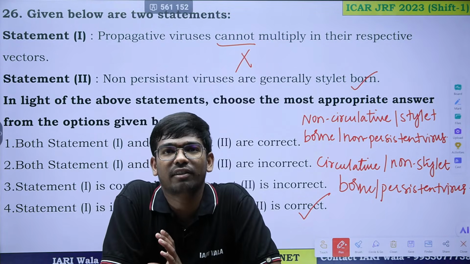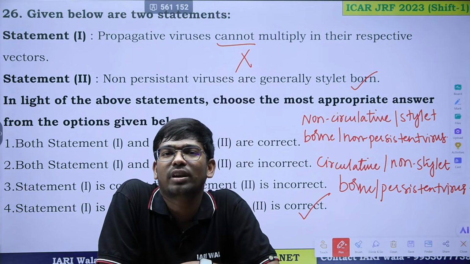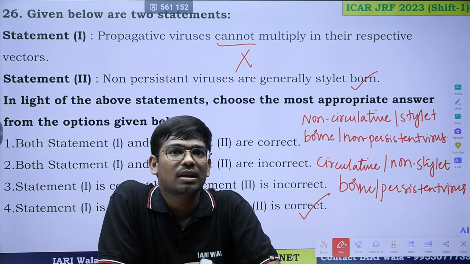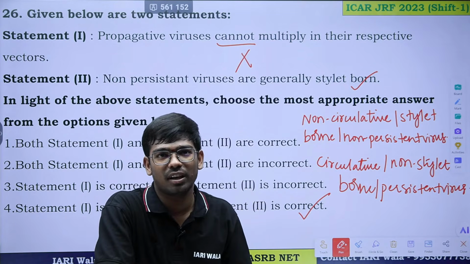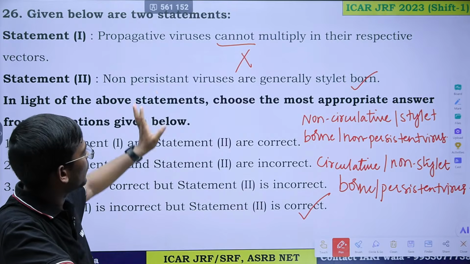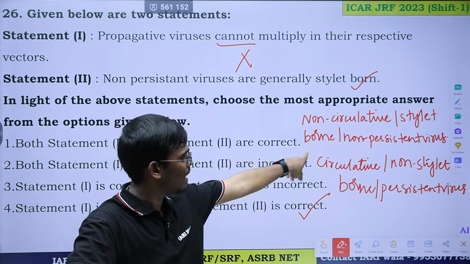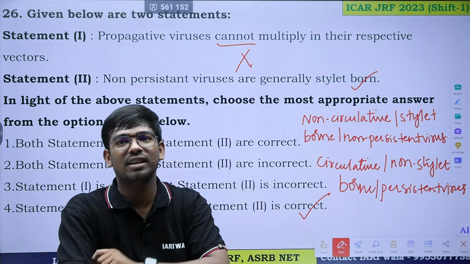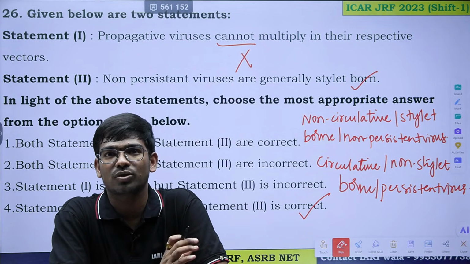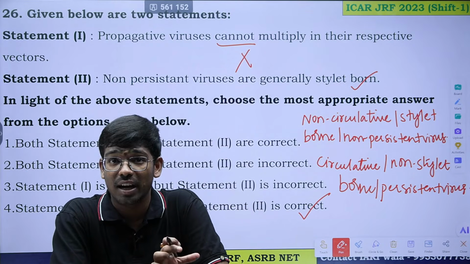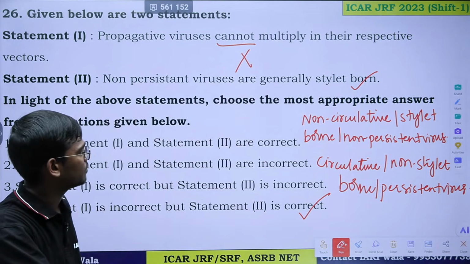Non-circulative is also known as stylet borne or non-persistent, and circulative is known as non-stylet borne and persistent virus. If you know these other names, it will be very useful in attending such questions. Non-persistent viruses are generally stylet borne. Non-persistent or non-circulative are stylet borne. This will help you easily without wasting any time. If you remember these names: non-circulative, stylet borne, non-persistent, and non-stylet borne, persistent, and circulative. Okay.